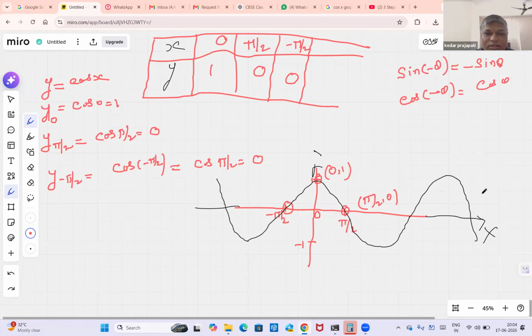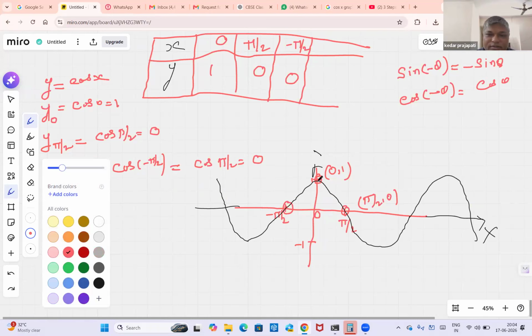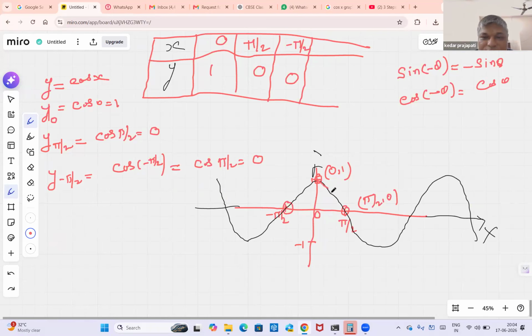So take this part, take this part from here to here. If you are taking a portion, right? And from here to here also you are taking a portion, right? From here to here.